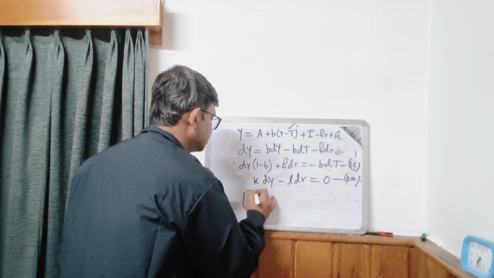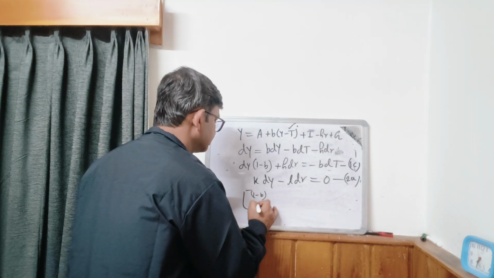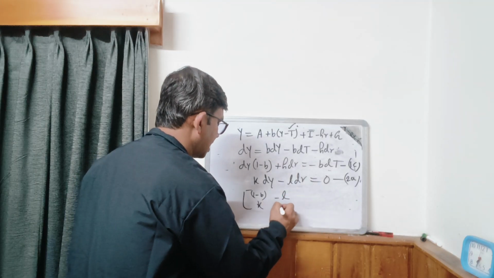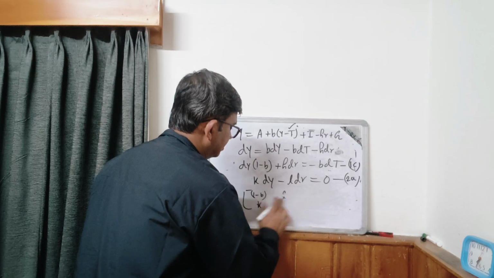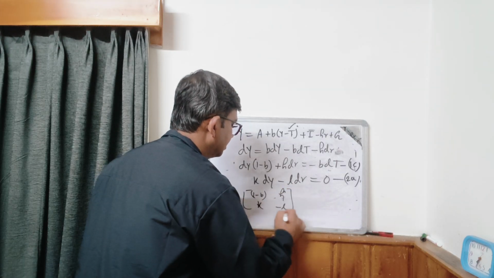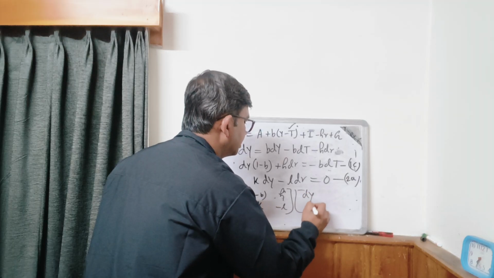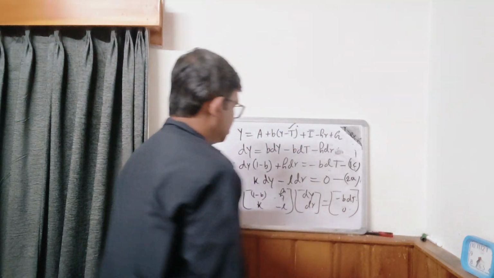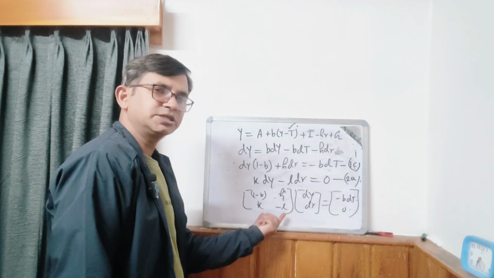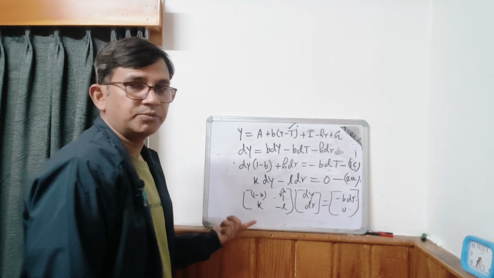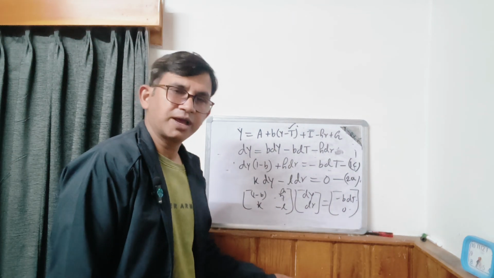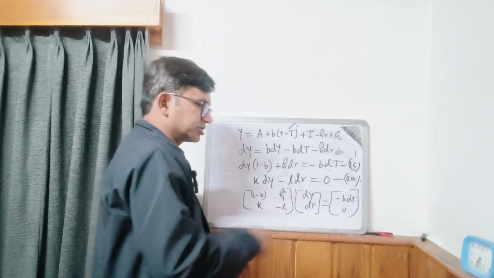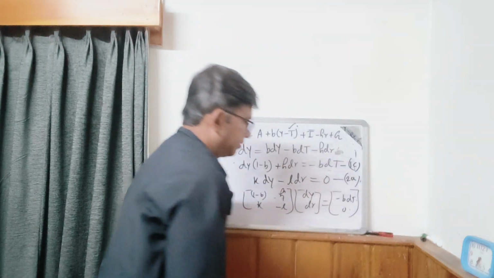So it will be 1 minus b, h, k, minus L, times dY, dr. So we got this coefficient matrix in the case of the public expenditure multiplier. Already we have proved that its value is non-zero. So we'll straight come to the value of the multiplier by Cramer's rule.